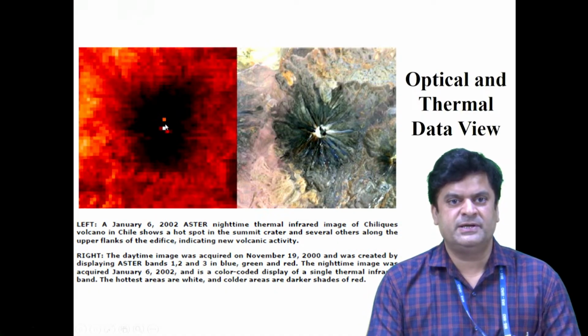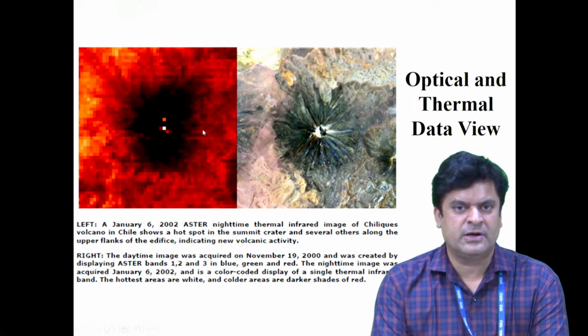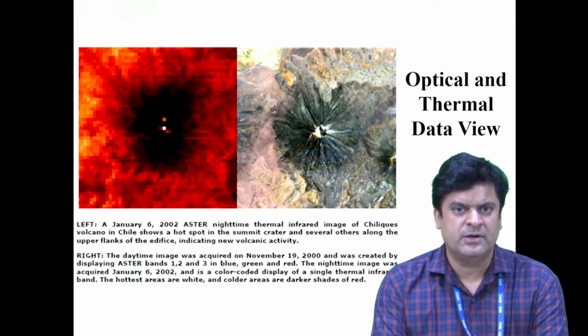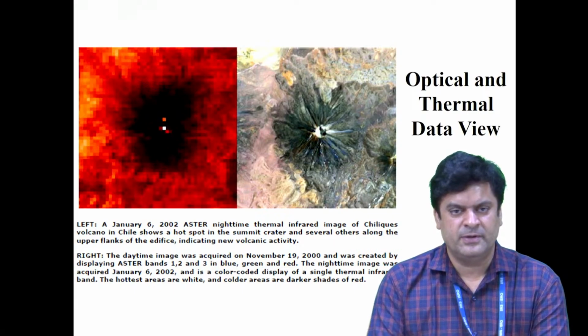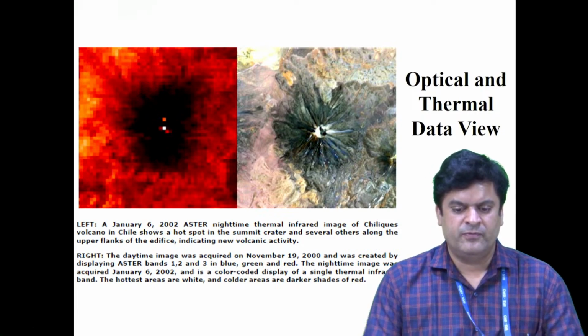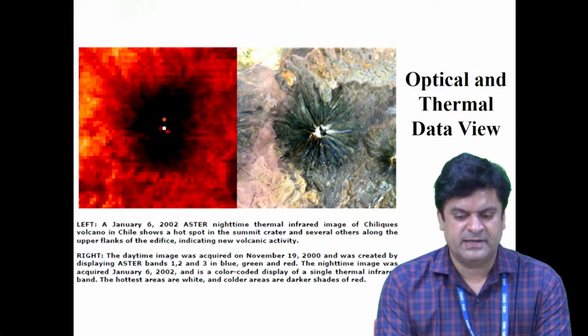Due to that activity, the temperature at the center of the volcano, the crater, or near the crater, is very high. So that information we can get with the help of optical multispectral and thermal datasets.